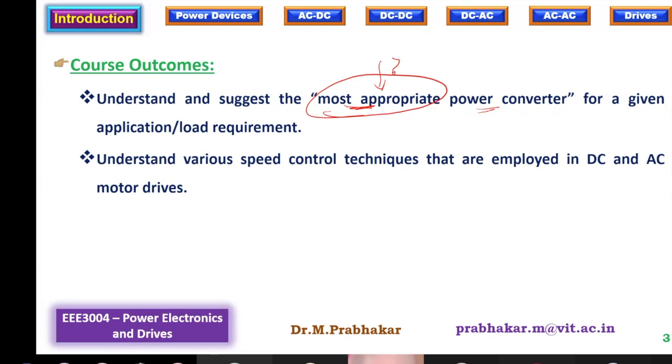The other outcome is, as far as drives are concerned, we will be able to tell what the various speed control techniques are, and we will be able to design various speed control methods for AC and DC motor drives. These are the two broad outcomes. Of course, if you look into the syllabus, which I'll be circulating, there are about 8 objectives, one for each module.